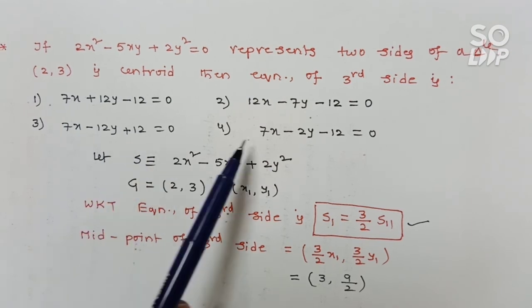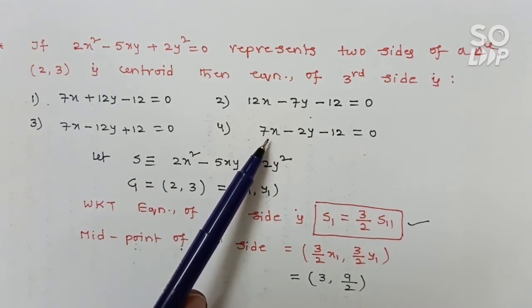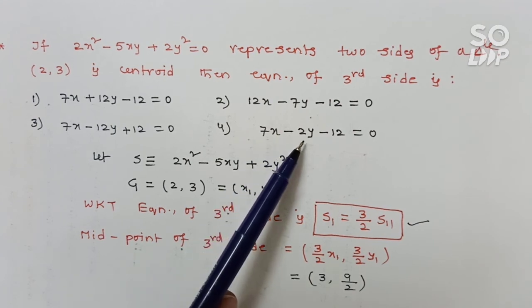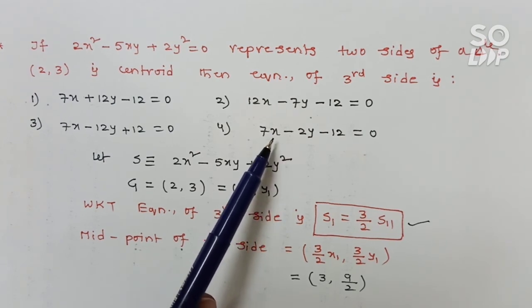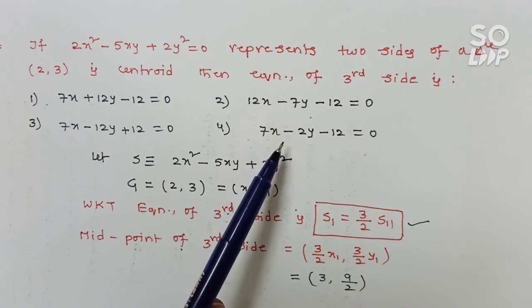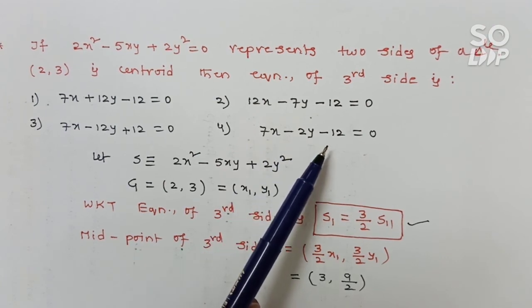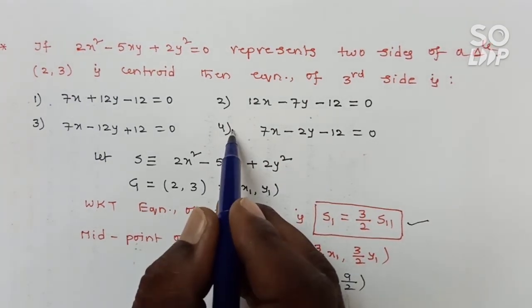So finally you look at this one. 7 into 3 is 21. 21 minus 9 is equal to 12. So 12 minus 12 is equal to 0. So what is the correct option? Fourth option is the correct answer.